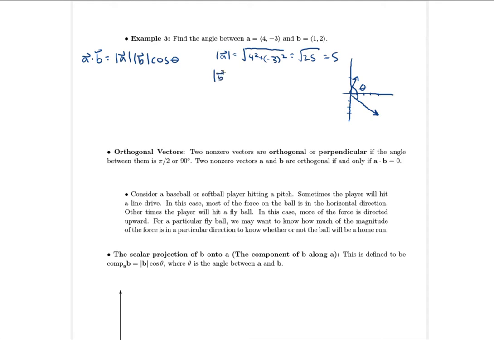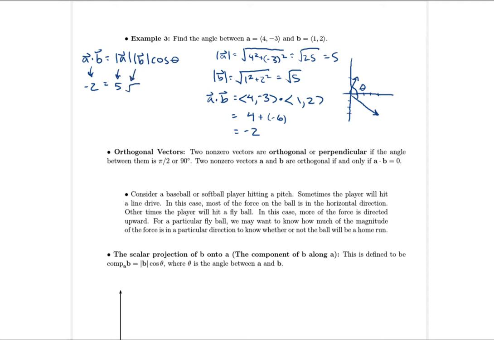And we can compute the magnitude of B, so square root of 5. And we can compute A dot B. That's 4, -3 dotted with 1, 2. So that would be 4 plus -6, which is -2. So this becomes -2, this becomes 5, and this becomes the square root of 5.